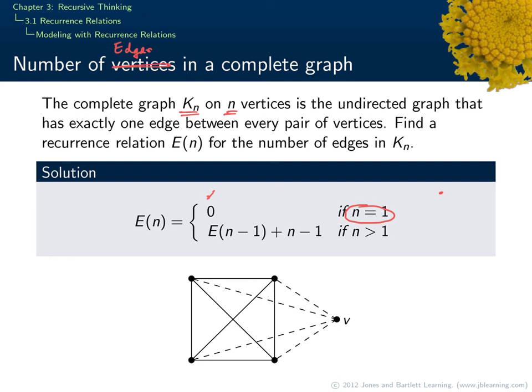Well, let's suppose, for instance, we start with a complete graph on n minus 1 vertices. To picture that situation, I want you to imagine this K4 here, where we have these 4 vertices. And the complete graph is given by just all of these edges that join these 4 vertices.